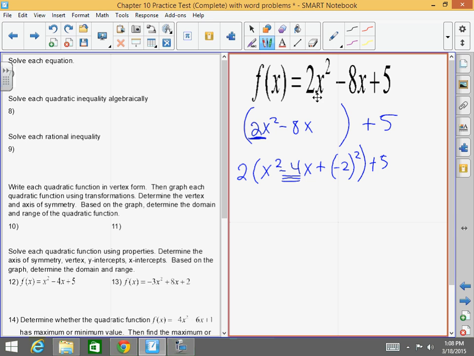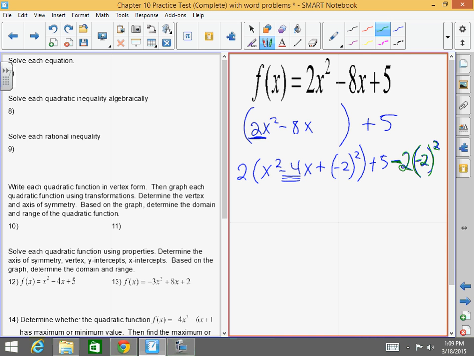Now, pay attention. Minus the a that I factored out times the b over 2 squared. Again, minus the a that I factored out times the b over 2 squared that I added to the interior. Are you feeling me?